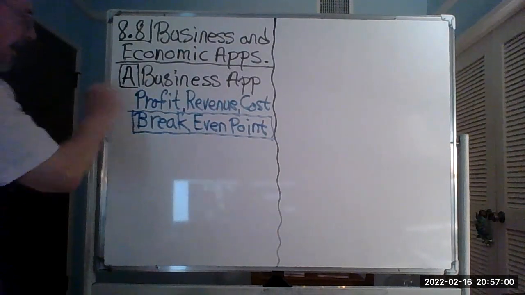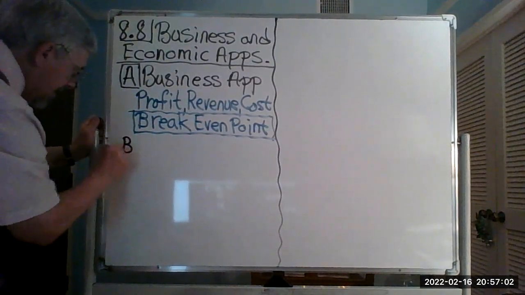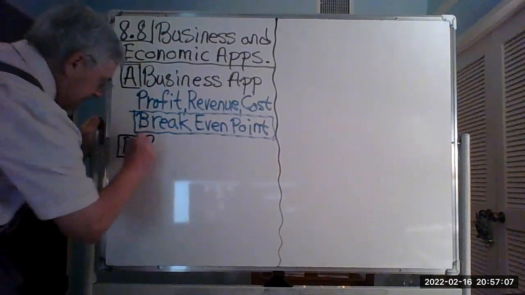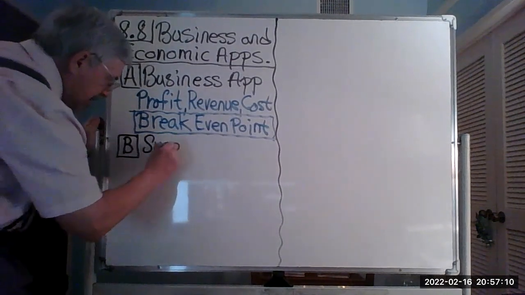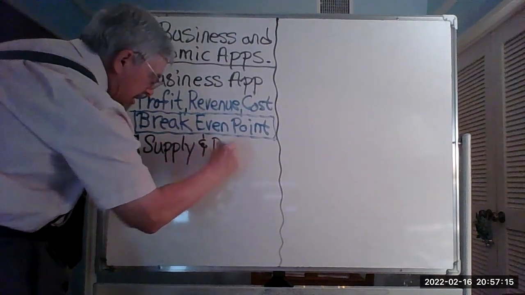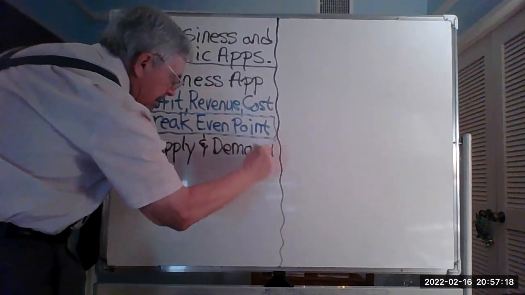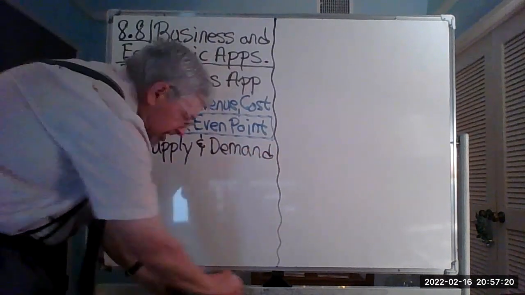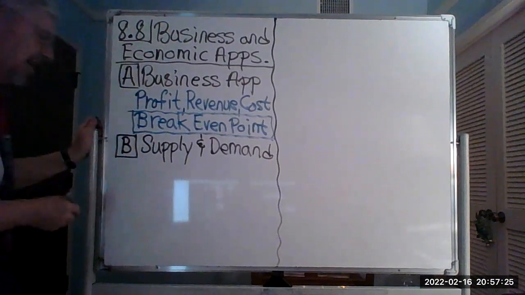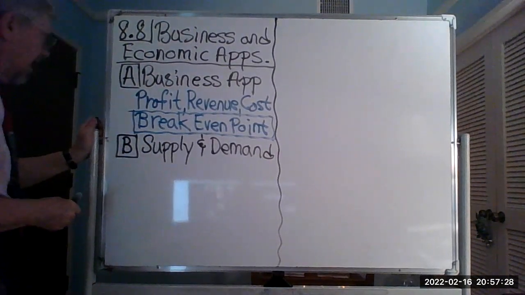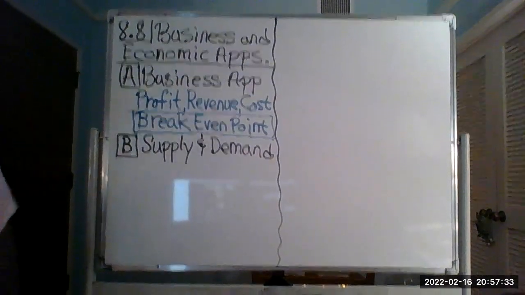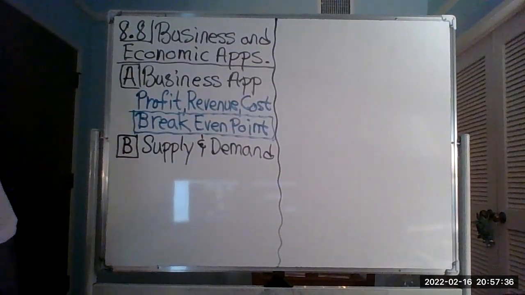And then objective B, we're talking about supply and demand. This is just to give you the idea of what we're talking about in a nutshell. And over here, we're talking about something which is called the, hang on, I can't remember.